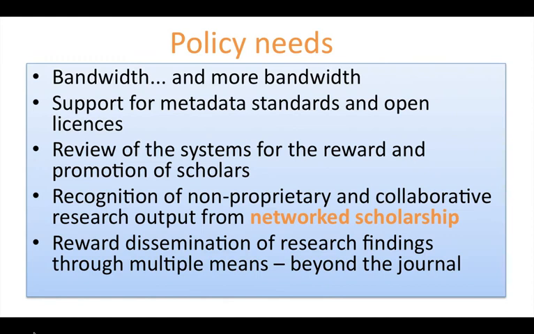And then, of course, we need to encourage better use and development of metadata and different use of open licenses. And most importantly, we need to think about how to incentivize researchers so that they would engage in this kind of non-proprietary and collaborative research.